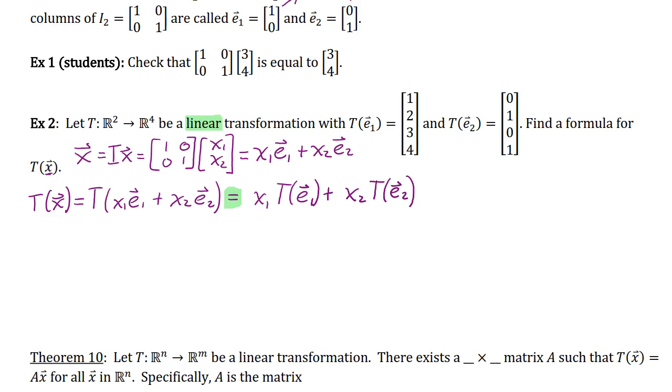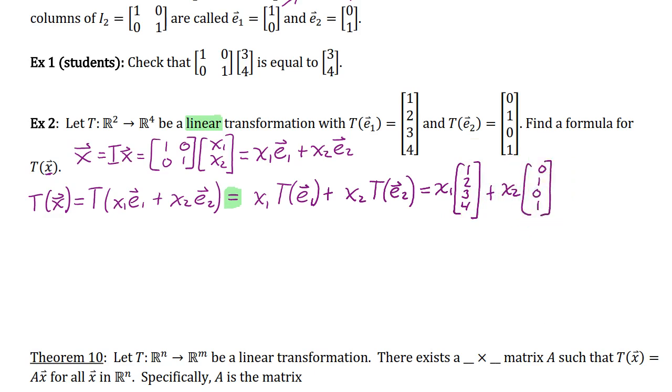Now, we could say, hey, I know what T of e1 and T of e2 are. I've got them right here. So it's going to be x1 times this vector 1, 2, 3, 4 plus x2 times this other vector.